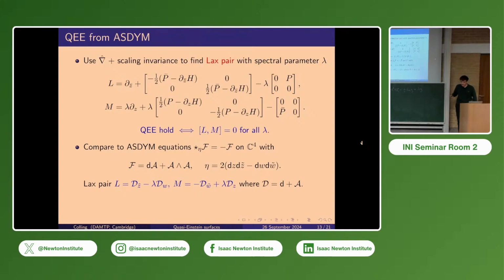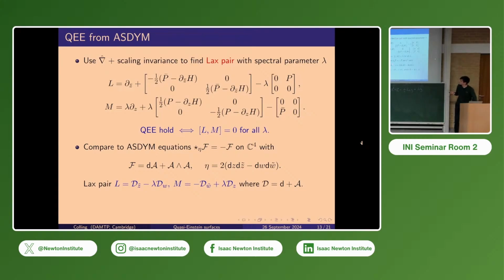The anti-self-dual Yang-Mills equations in these coordinates are particularly simple, and they admit a Lax pair of this form, where d here is the covariant derivative, so it's the exterior derivative plus A. And now we can try to match the quasi-Einstein equations to anti-self-dual Yang-Mills by comparing the Lax pair.